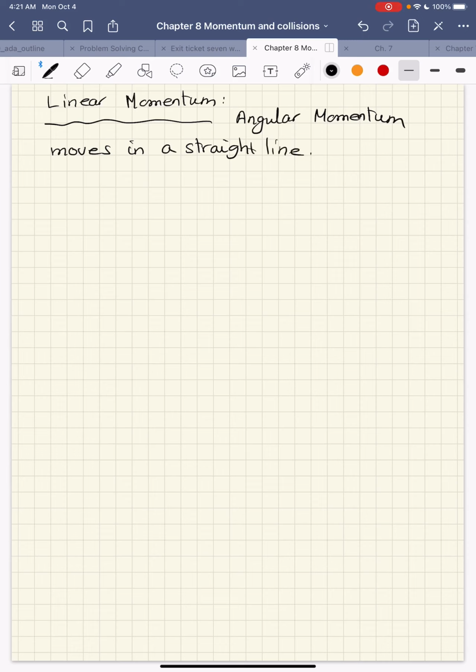Now we define linear momentum as inertia in motion. I have a mass that is inertia in motion, an object that is moving. Inertia means mass and motion means velocity.